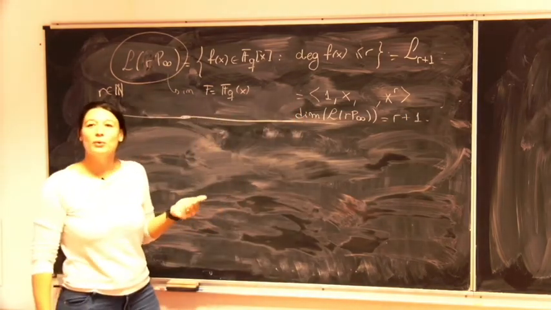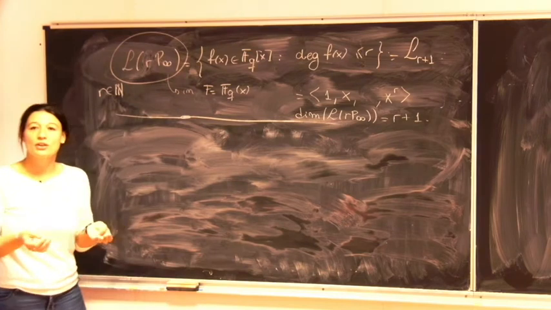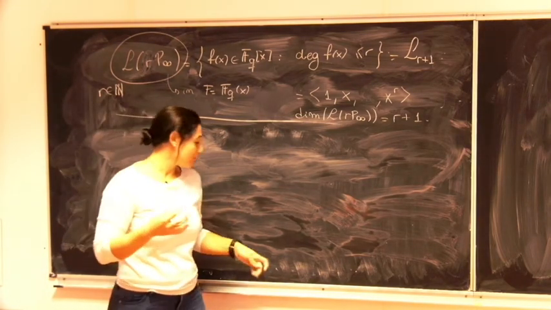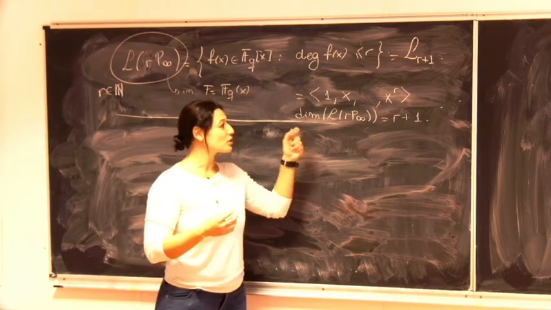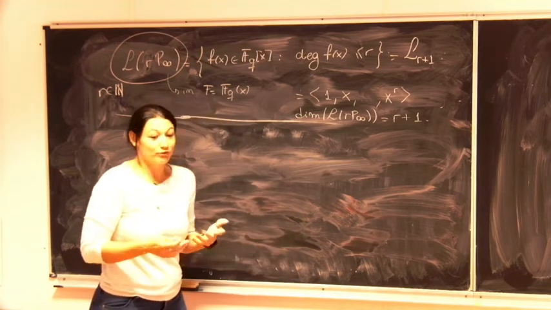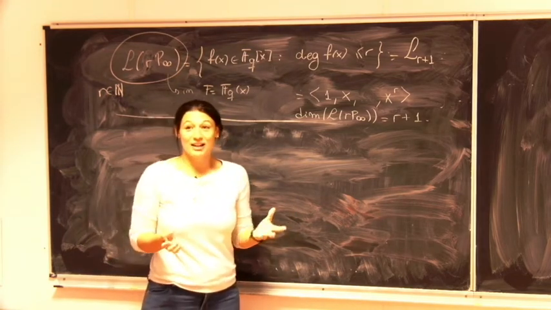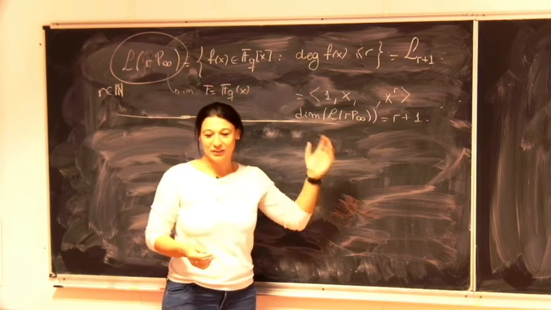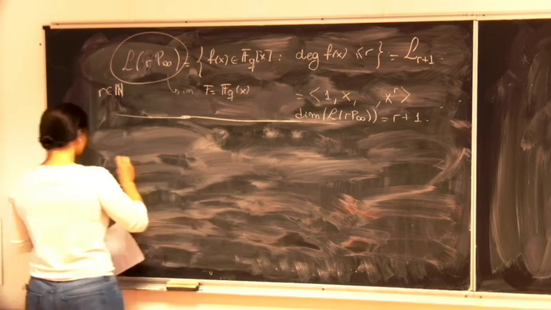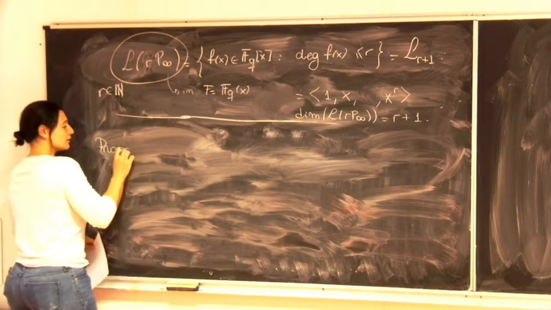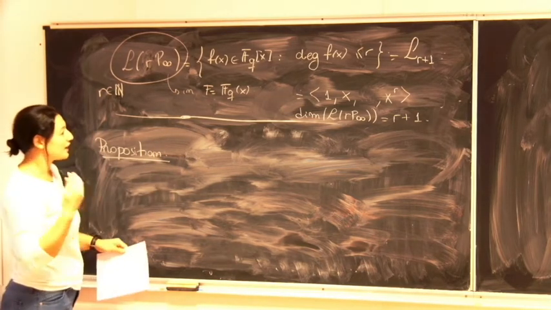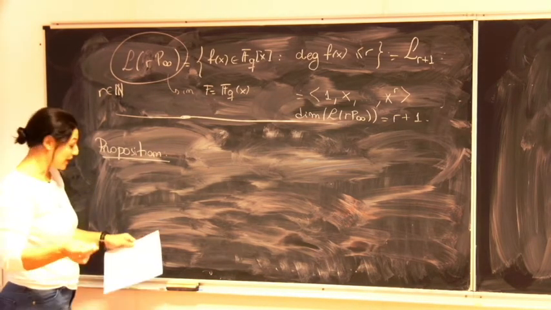But in general, when we have any divisor on any function field, computing the dimension of this space is not an easy job. And first, we have to know that this is something finite, okay? So the first thing that I'm going to put, but we are not going to prove, is that the Riemann-Roch space is a finite dimensional vector space.